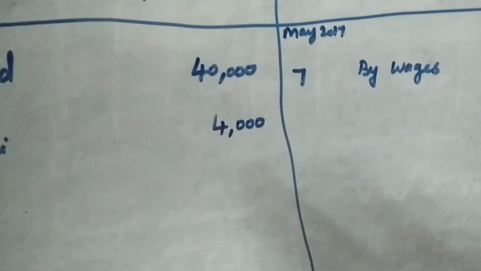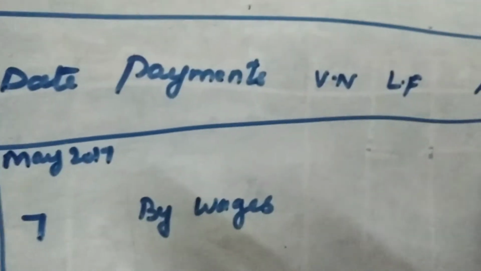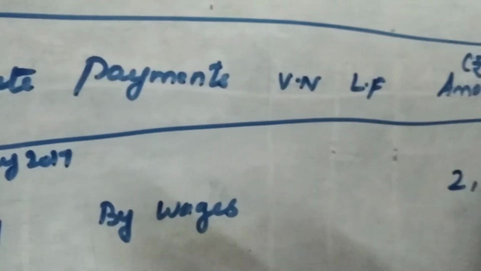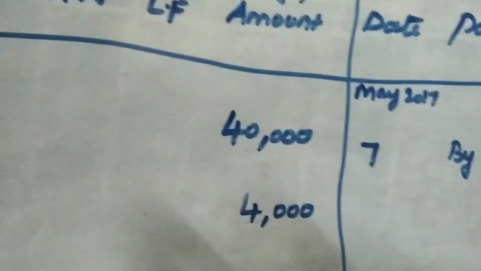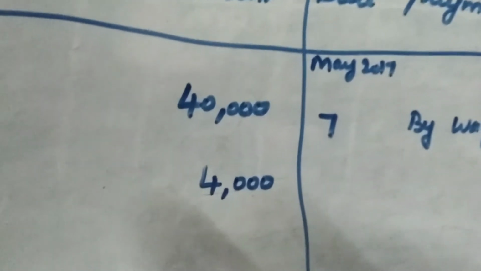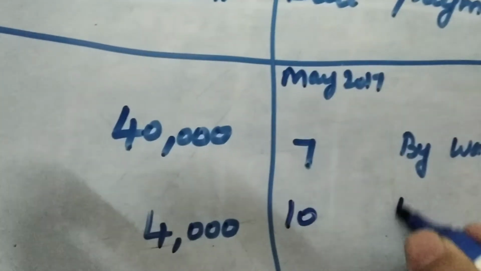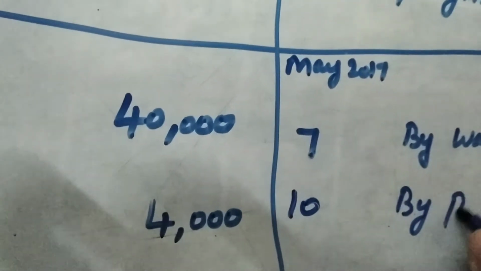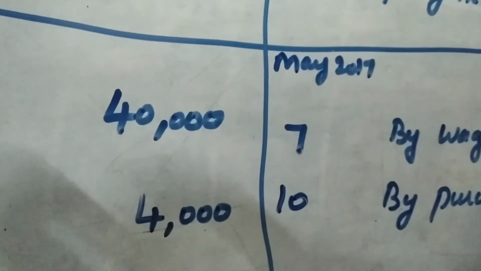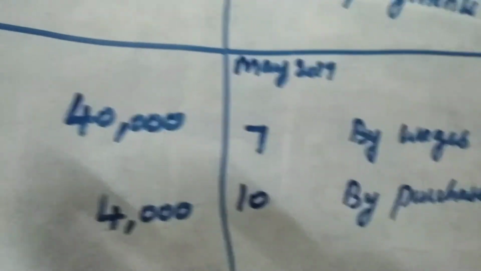So by wages 2,000. Then 10th, purchase goods from Sasikala for cash. So 10th by purchase. What is the amount? 6,000.